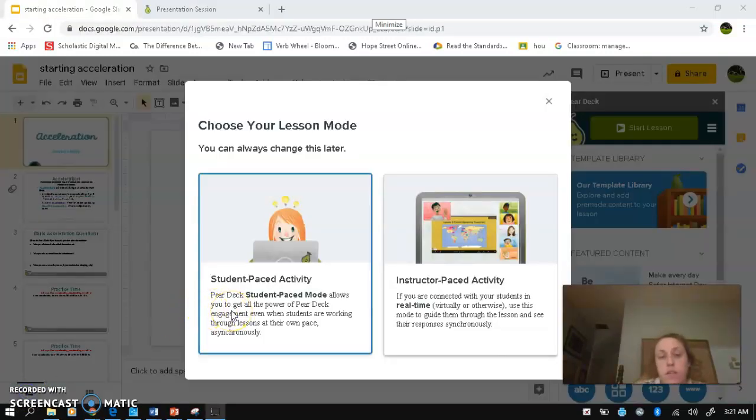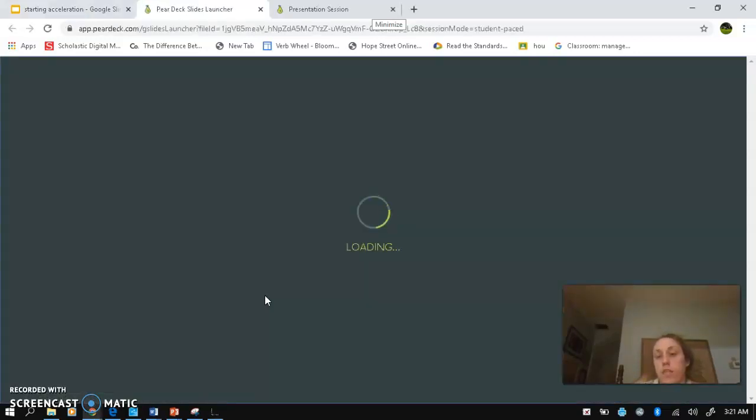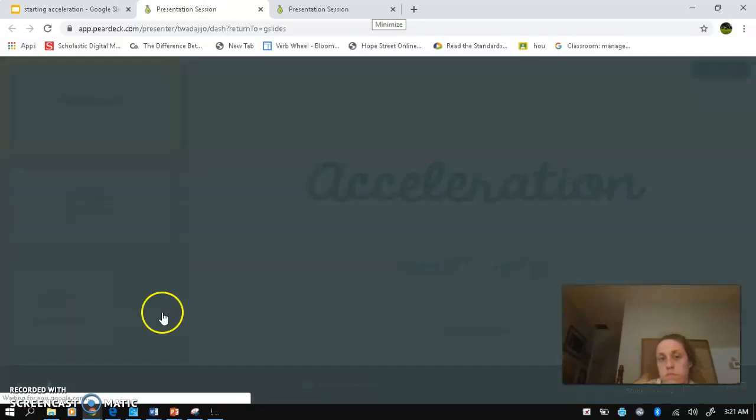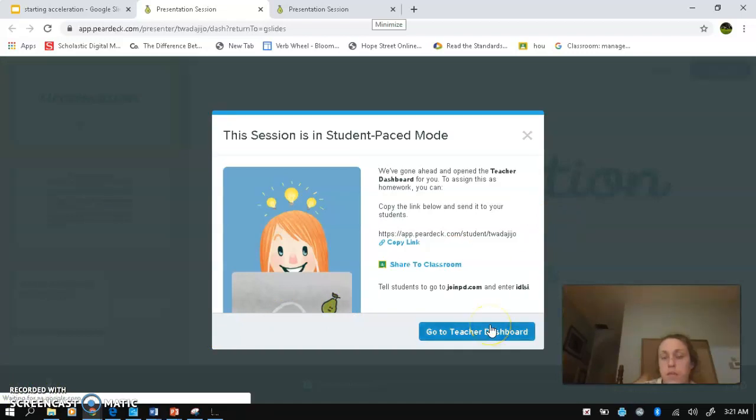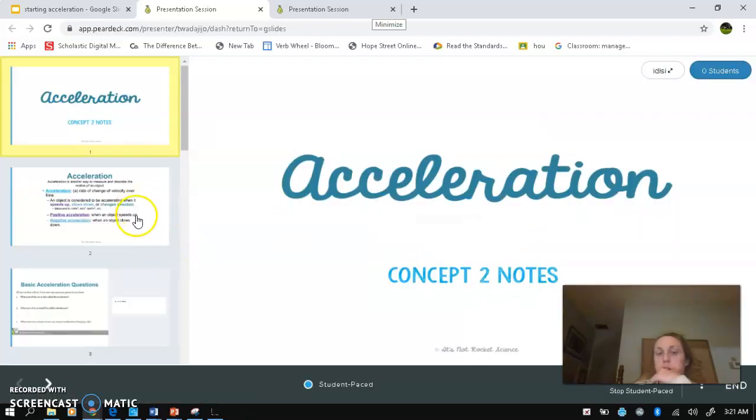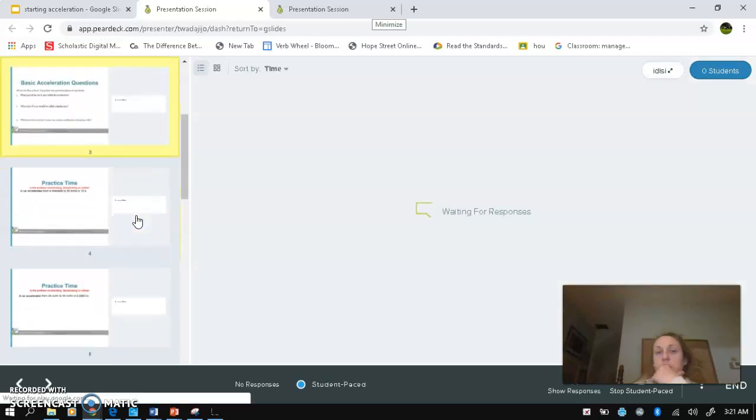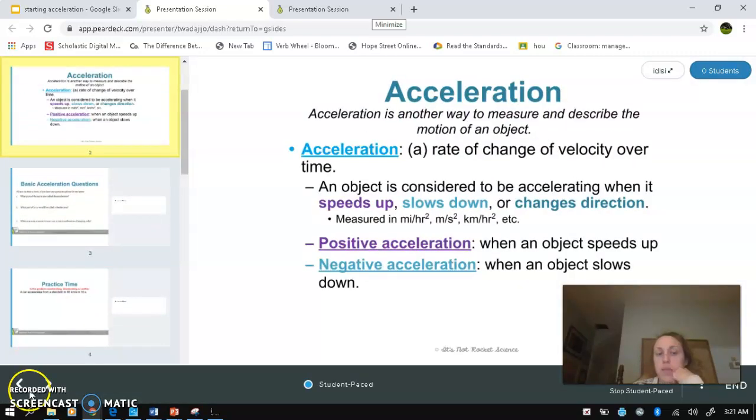There it is. So it allows you to get the power of the Pear Deck, and it's on you. That's what I'm choosing on this. Hopefully it's going to come up and load very quickly. The last one did not. Okay, and then I'm going to go share it with you. When we're going through this, there are going to be times I pause it so that you can see where I'm at.